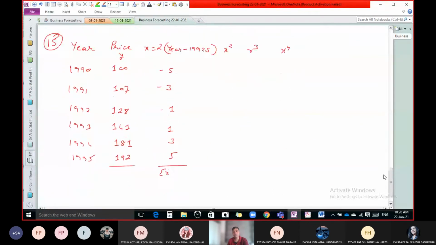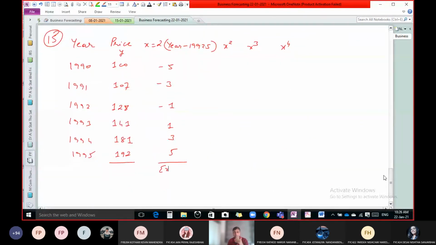So it's better to convert in this way. You can also convert this into a small number, but no need right now. You have a choice. Here sigma x is 0. What is sigma y? 849.